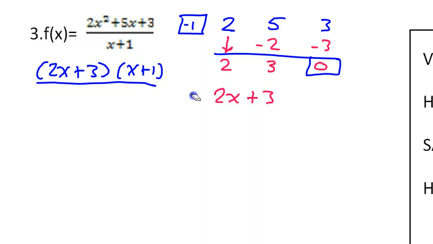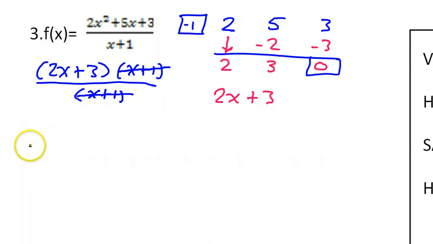So we factored the numerator. The denominator is x plus 1. Because the remainder is 0, we were able to do this. That means these x plus 1s cancel out. That means there will be no slant asymptote, and there will be no vertical asymptote because no more denominator.